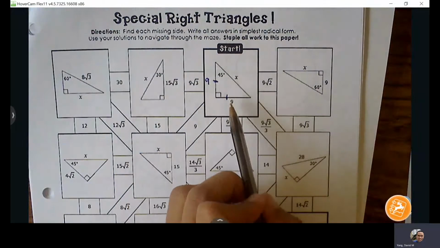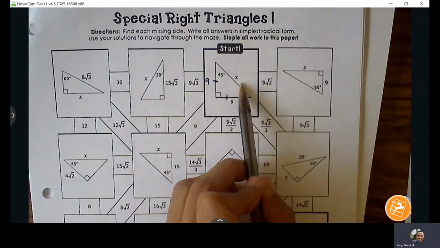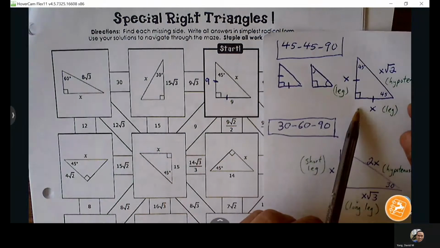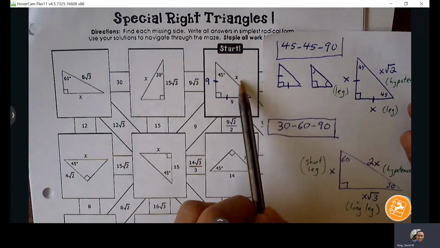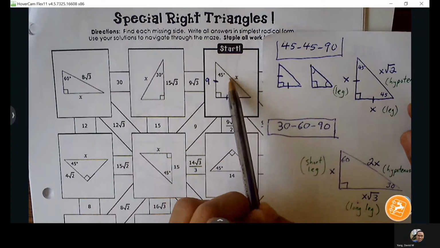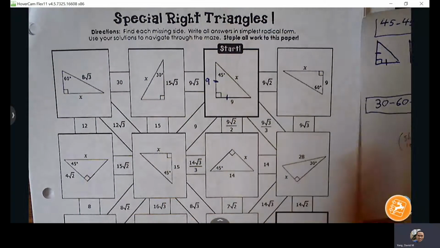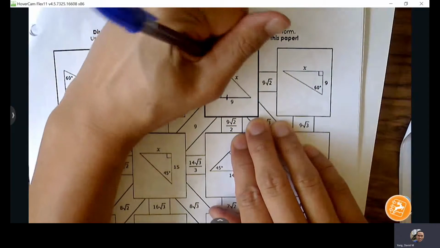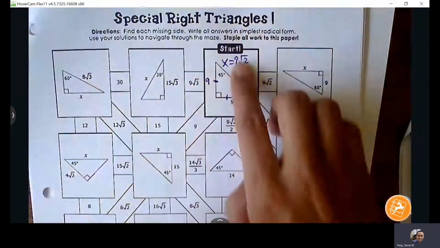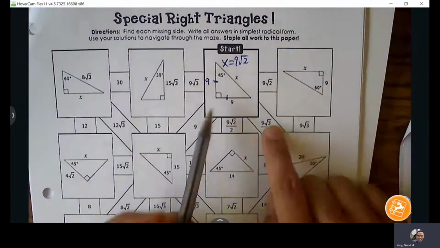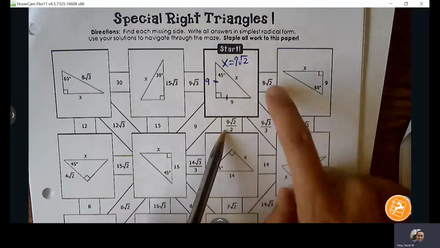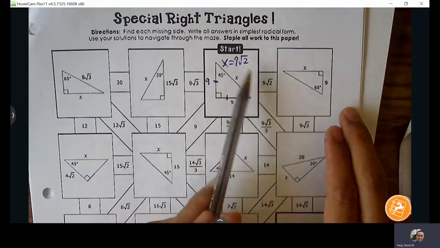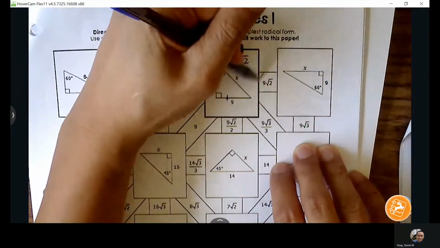So what's the hypotenuse going to be? 9 square root of 2. Yeah, 9 square root of 2. Okay, so x equals 9 square root of 2. So once you know that x equals 9 square root of 2, then you know that you're going to choose the next box based off of the correct answer. So we're going to follow this path.